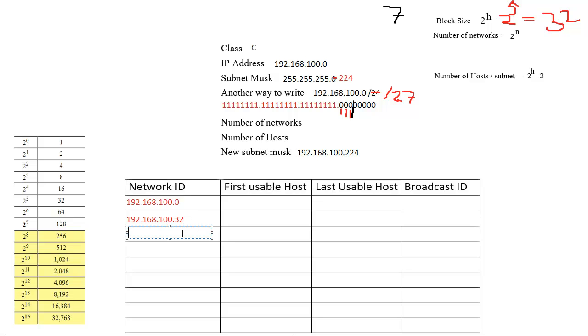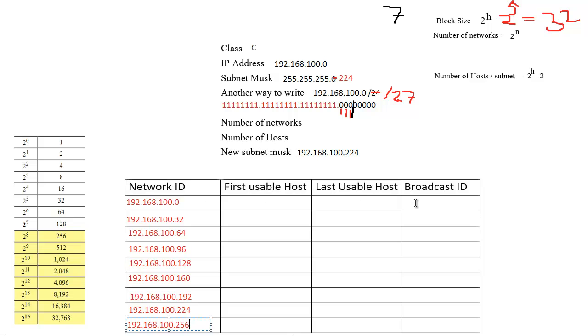So the next one will be 64. For the next network ID, again 32 will be added to 64, so 96. Next one again 32 will be added, and so on.